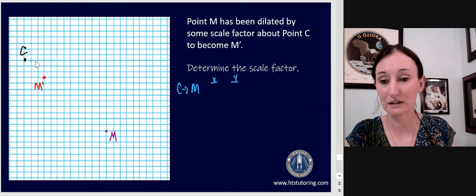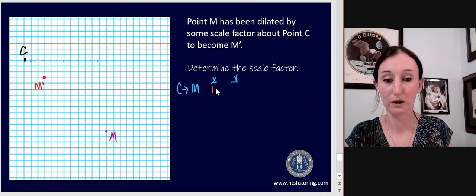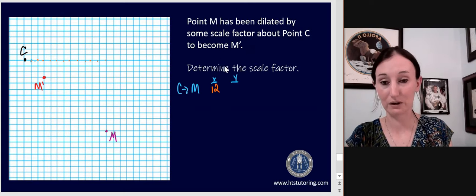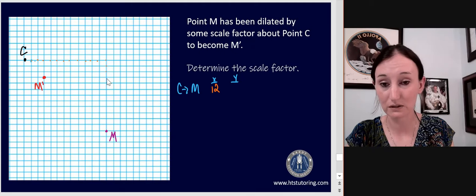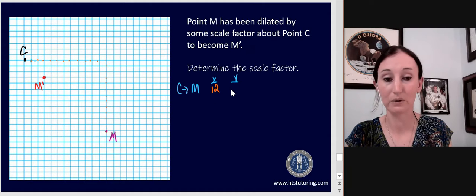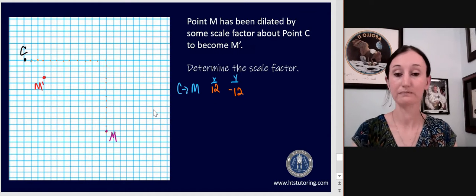Our x distance is 1, 2, 3, 4, 5, 6, 7, 8, 9, 10, 11, 12. So positive 12 in the x, and we're going negative now because we're going down: 1, 2, 3, 4, 5, 6, 7, 8, 9, 10, 11, 12. We're going negative 12 in the y direction.